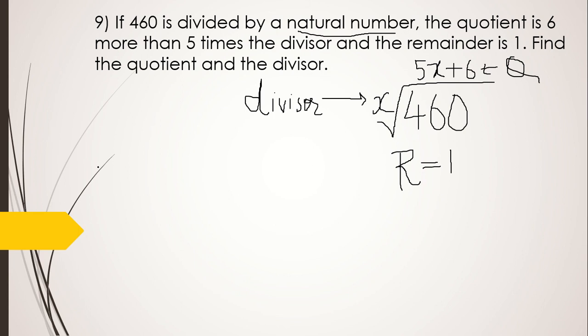For this we are going to take help of one formula that we have learned. Dividend is equal to divisor into quotient plus remainder. If you remember, since 7th standard you are learning this. So we will write 460 is equal to divisor into quotient plus remainder.